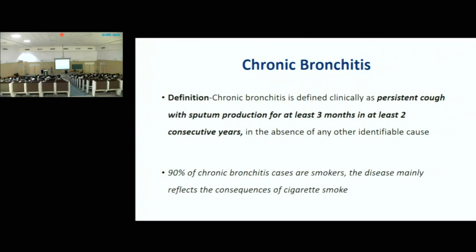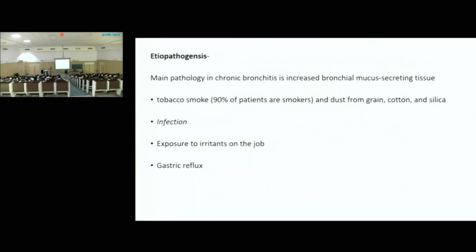Continuous 3 months, consecutive 2 years, productive cough, that is what we call chronic bronchitis. And remember, 90% of these chronic bronchitis cases are associated with smokers. This definition is important: 3 months duration, consecutive 2 years.